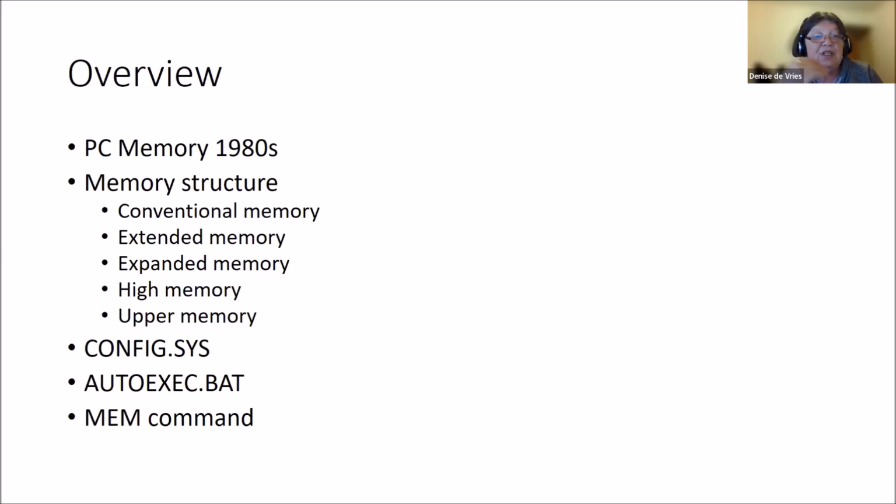Then I'll go through the memory structure: conventional memory, extended memory, expanded memory, high memory, upper memory, then the two configuration files that we can edit to customize, config.sys and also autoexec.bat. And then I'll show you the mem utility, so you can see what memory you're using and analyze the effect of your statements.